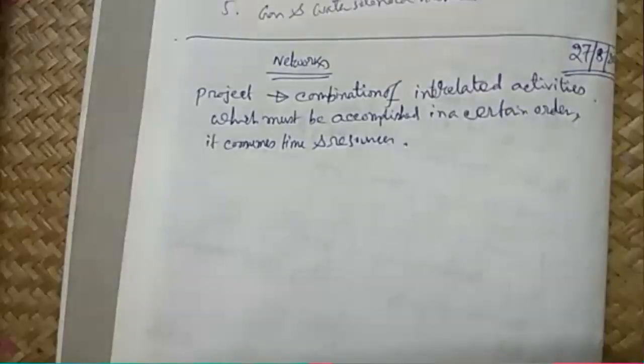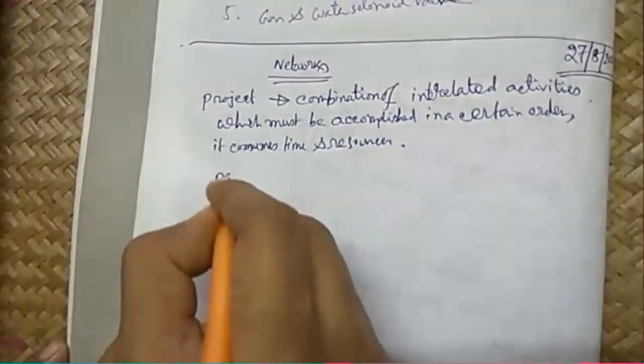The work in a project can be subdivided in three ways. First is planning.